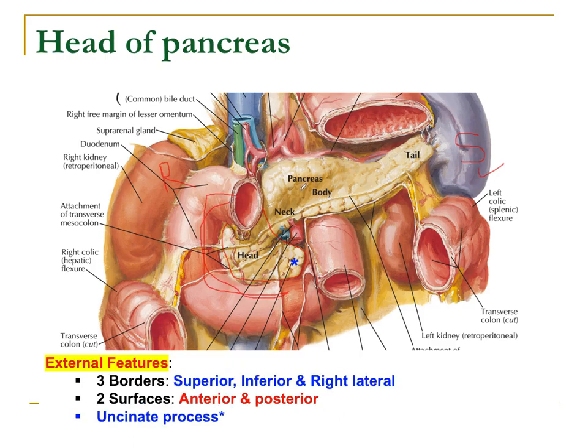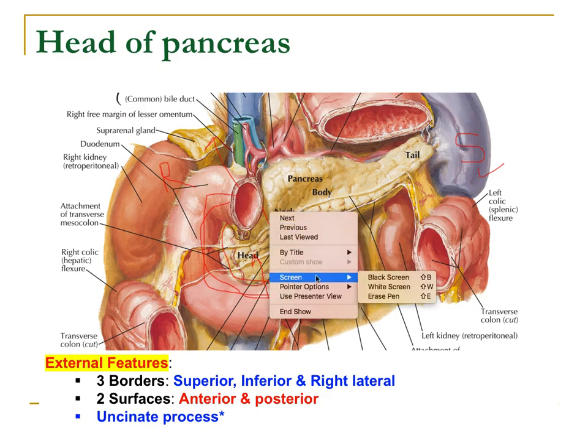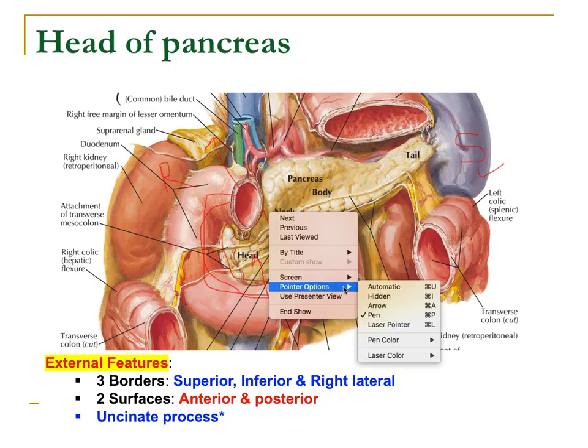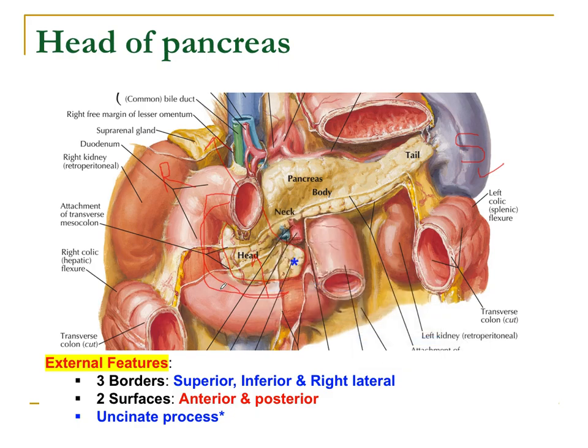Now again, if you see the external features of this part, this one is which surface? This one is the anterior surface, and just behind it you will find the posterior surface. Now, if you see the borders of the pancreas, this region is the superior border.